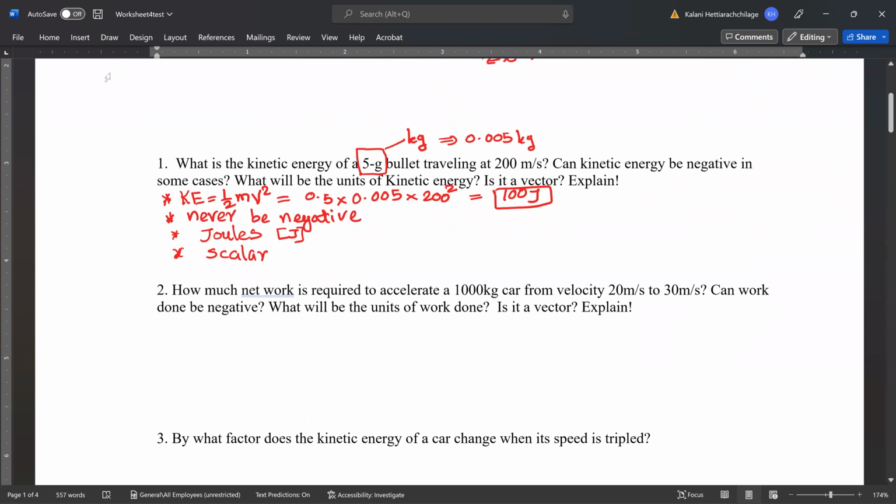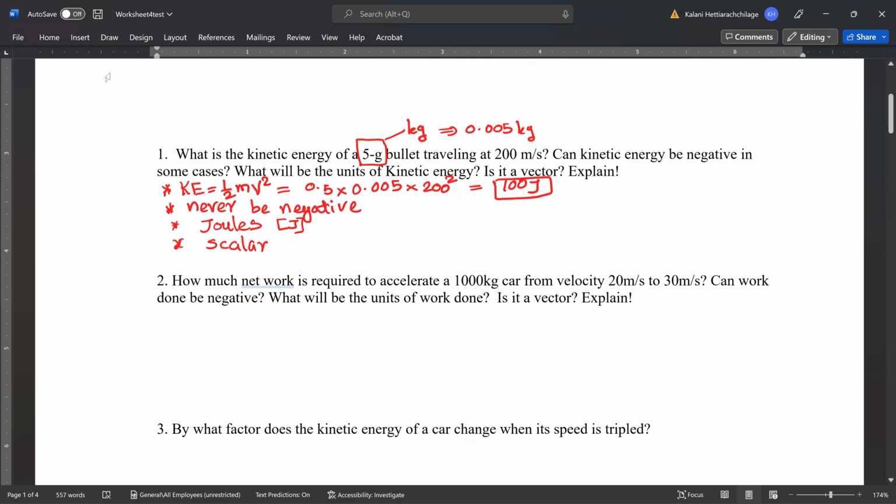Now we're going to do the same thing for the potential energy. But before the potential energy, it's asking another question. How much net work is required to accelerate a 1000 kilogram car from velocity 20 to 30? So now it's asking about the net work done.